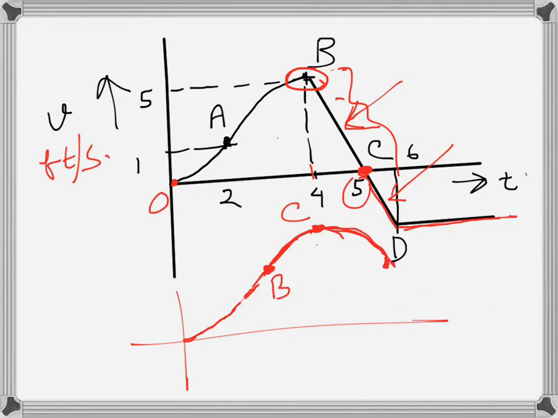After D, the velocity is a constant value. It is negative, in the same direction, but constant. So the integration of a negative constant is a negative slope straight line.